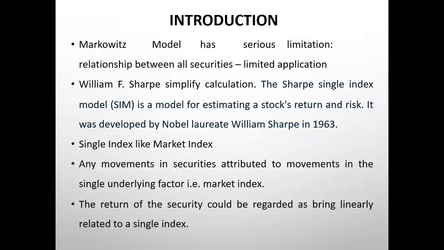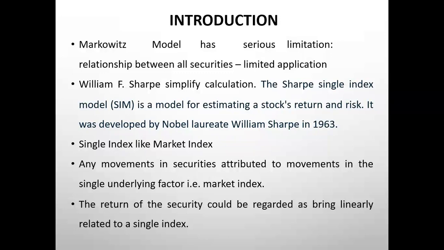So William F. Sharpe simplified the calculation. This index model is for estimating the stock's return and risk. He is the Nobel laureate in 1963. The single index is just like a market index. Any movements in securities are attributed to the movements in a single underlying factor, that is the market index.